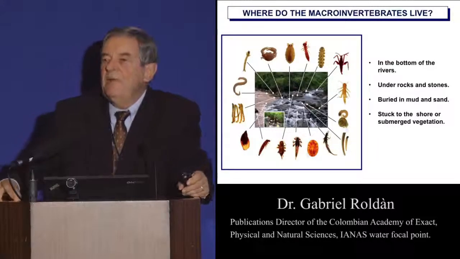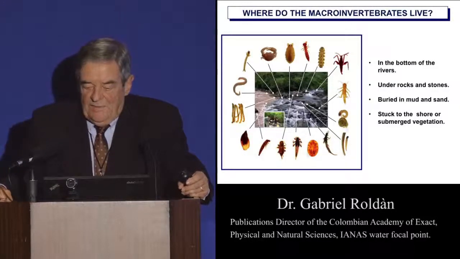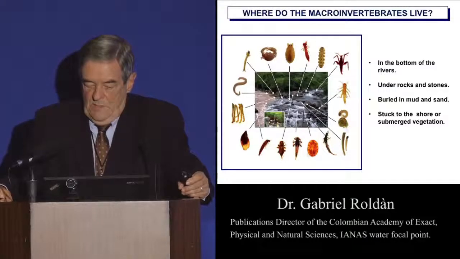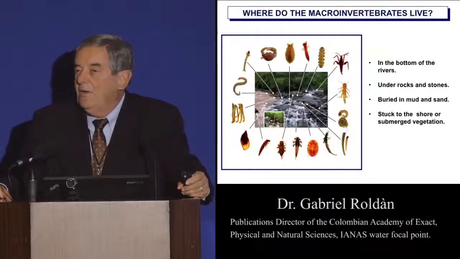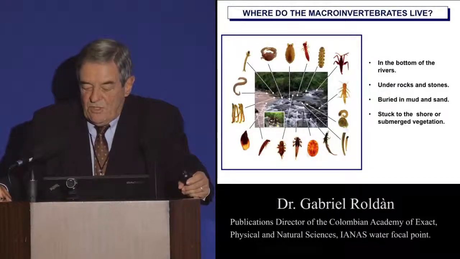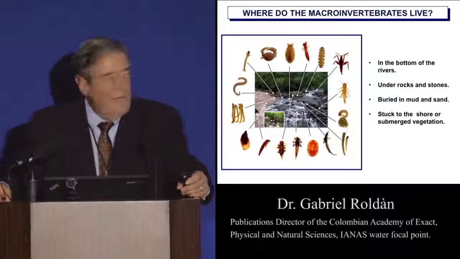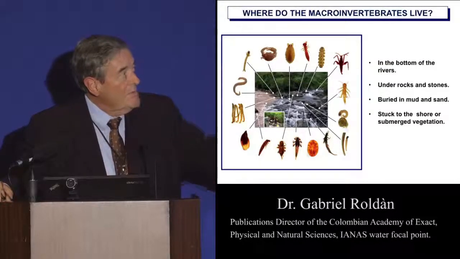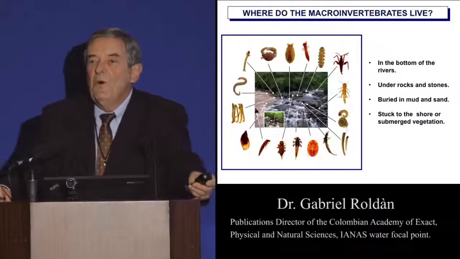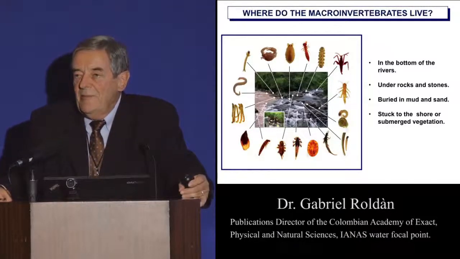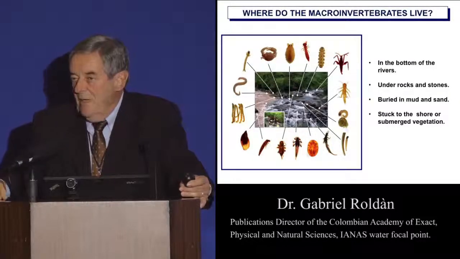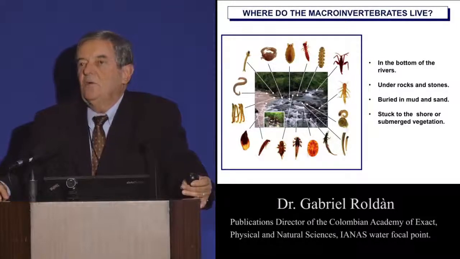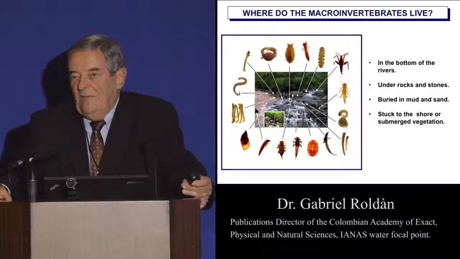Where do the macroinvertebrates live? They live in the bottom of the rivers, on the rocks and stones, buried in the mud and sand, and stuck to the shore vegetation, submerged vegetation. We can see here some of these organisms, macroinvertebrates. Most of them are larvae or pupae from insects whose first phase of life is in the water, and then they become adults later on.